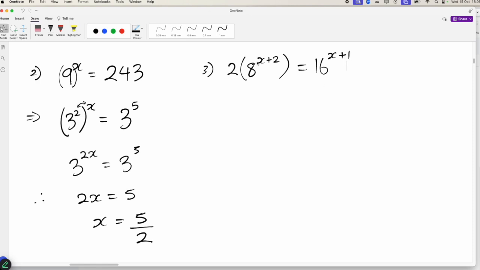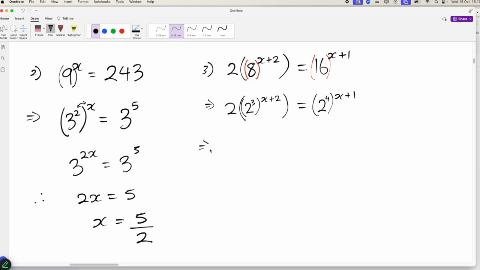Sure, I could take this 8 here and say that 8 could be seen as 2 2s are 4, 2s are 8. That is 2 cubed, all to the power of x plus 2. And that is equal to, this 16 here could be seen as 2 2s are 4, 2s are 8, 2s are 16. That could be seen as 2 to the 4th, all to the power of x plus 1.